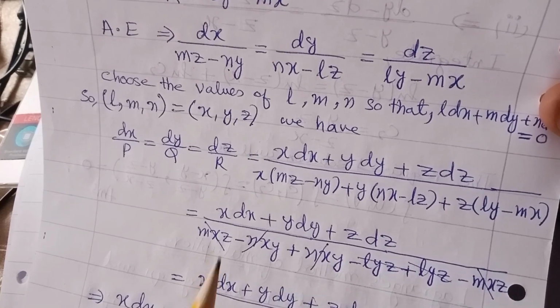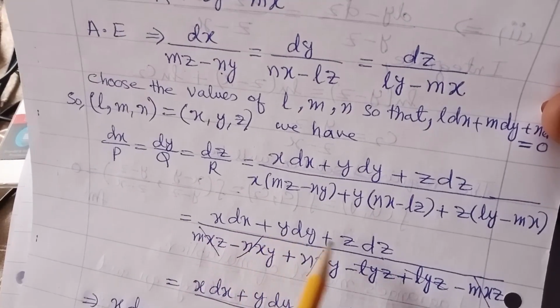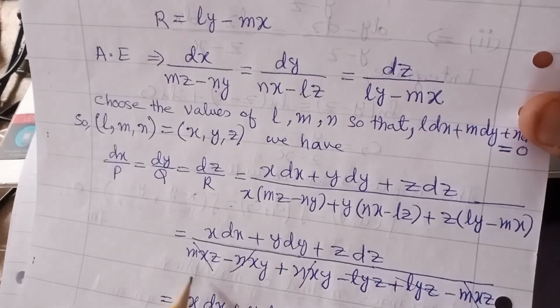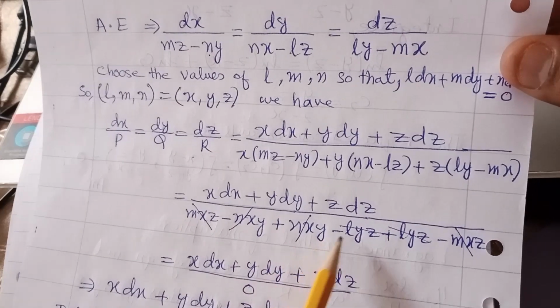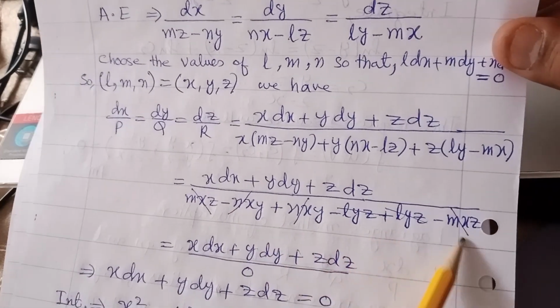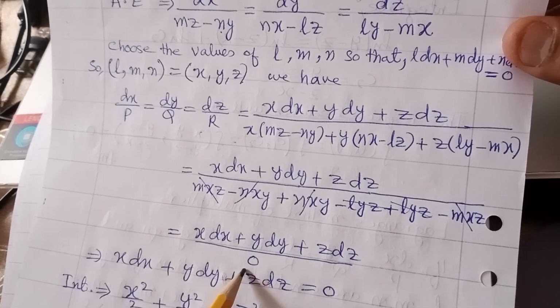After simplification, the numerator is x dx plus y dy plus z dz, and the denominator would be mxz minus nxy plus nxy minus lyz plus lyz minus mxz. All the terms will be cancelled out, so that we have 0 in the denominator.